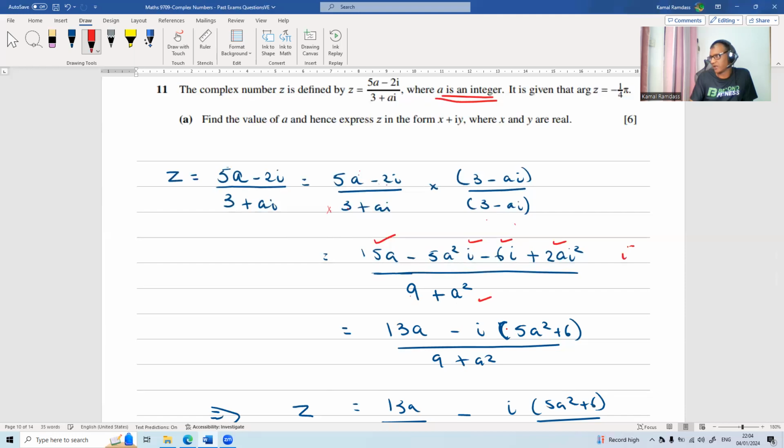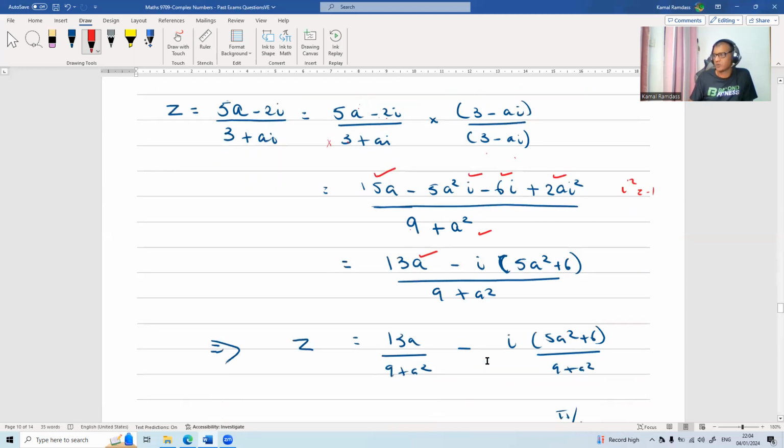With 15a minus 2a we get 13a, minus i into 5a squared plus 6, because here it is minus, we take the minus outside, divided by 9 plus a squared.